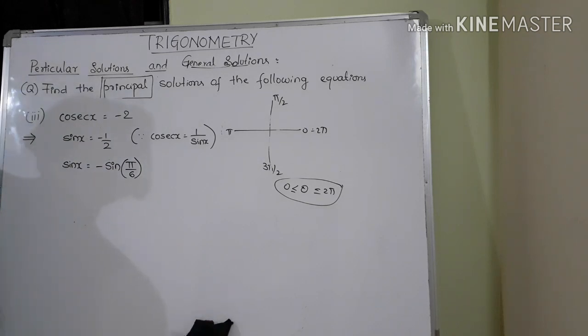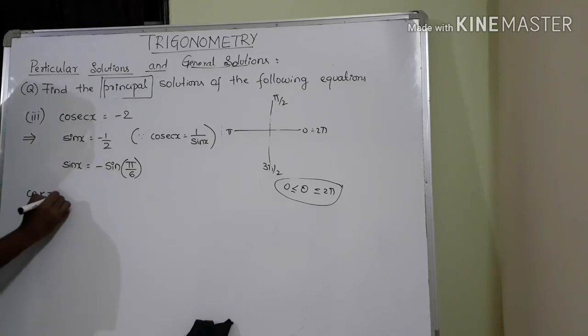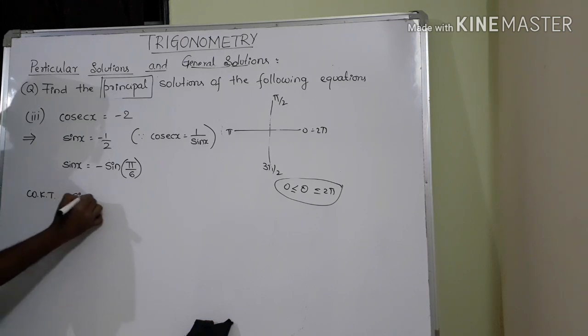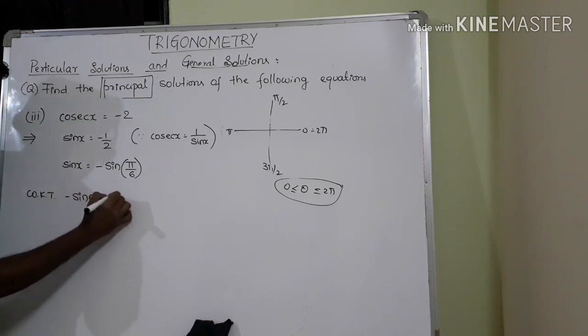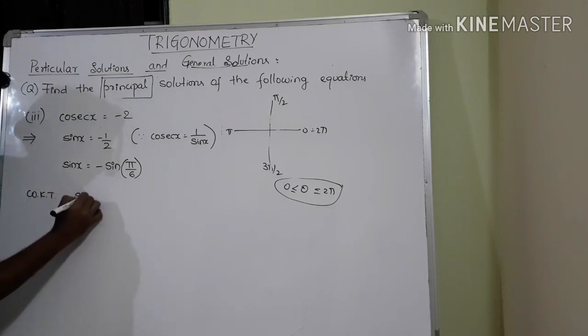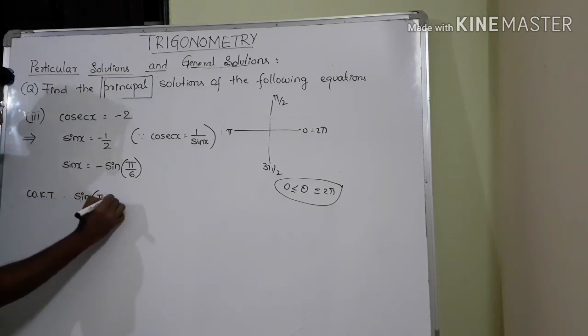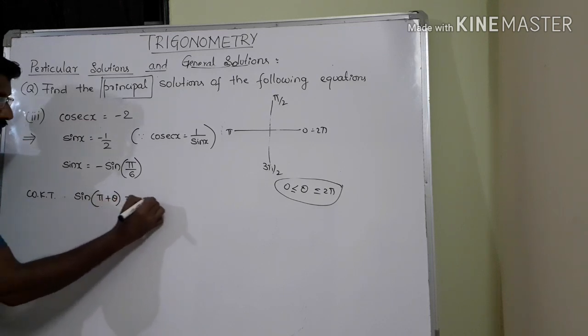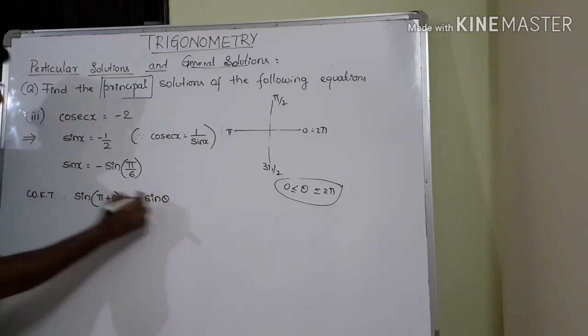Now let's go back to the basics which I told you. That is, sine of pi plus theta is equal to minus sine theta. Why am I using this basic?